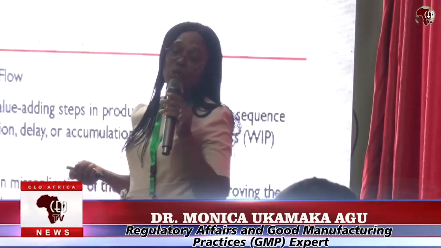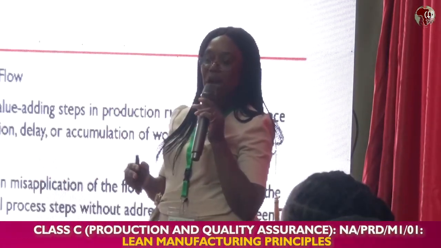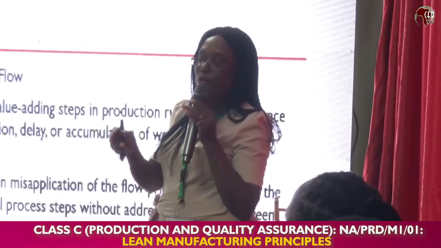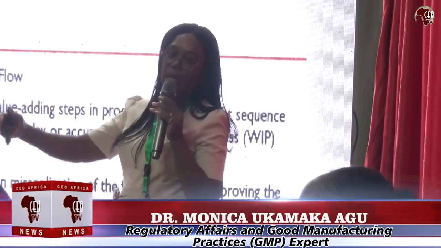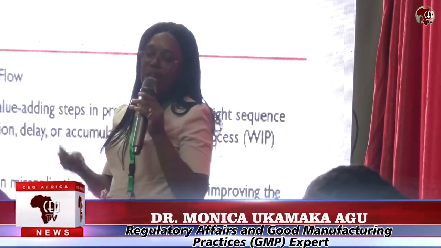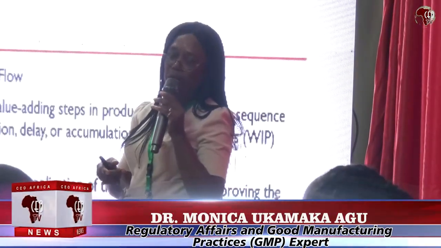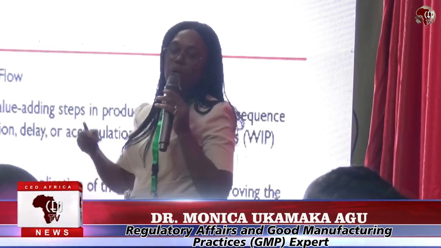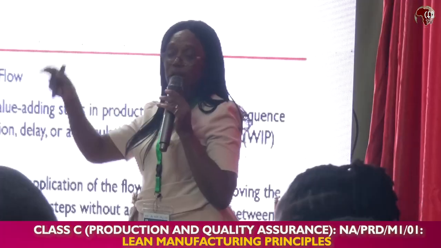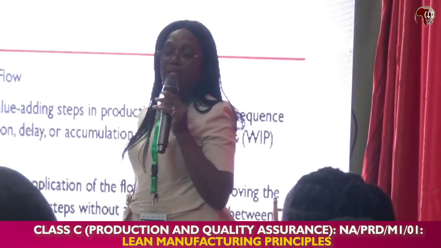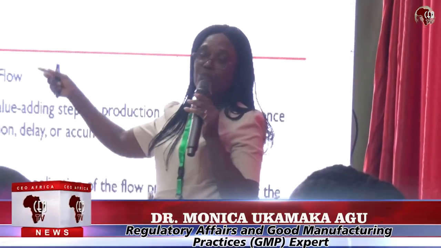But even if you're still doing a batch manufacturing system, you have to watch it and reduce any of those processes that will make you wait longer than normal. Like in compression, when you're going to change over from one formulation to another, like from paracetamol to ibuprofen, you don't have to wait until you have finished and cleaned and done your line clearance before you start assembling the punches and dies for the next product.